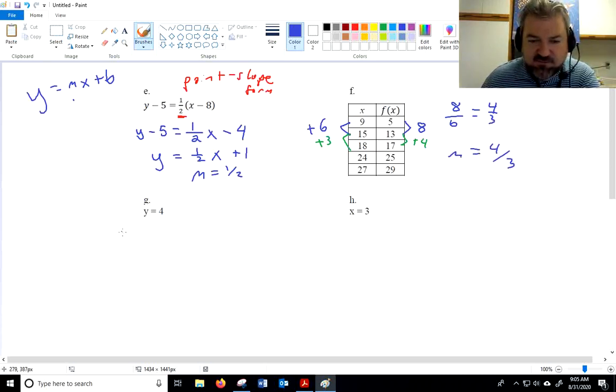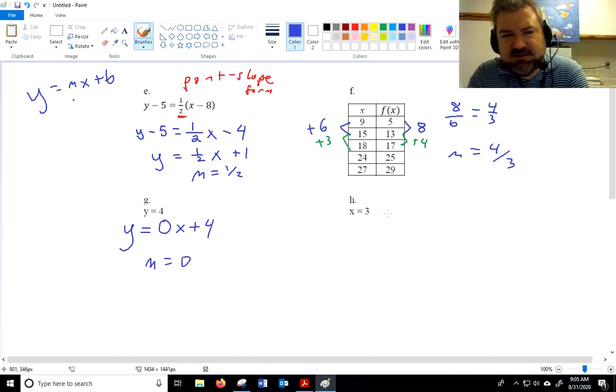All right, y equals 4. Well, can I put it in mx plus b form? Sure can. It's 0x plus 4. So my slope is 0. What about this one? Ooh, I can't put it in mx plus b form. It has what we think of as being a line shape, but the reason why I can't put it in mx plus b form is because it's not a linear function.